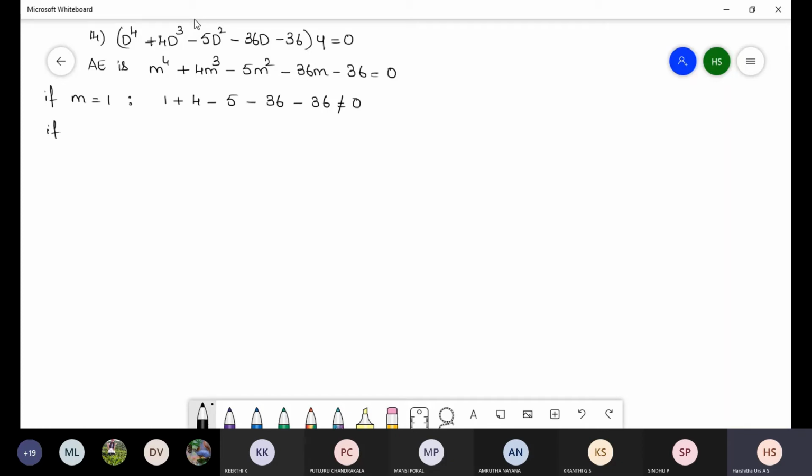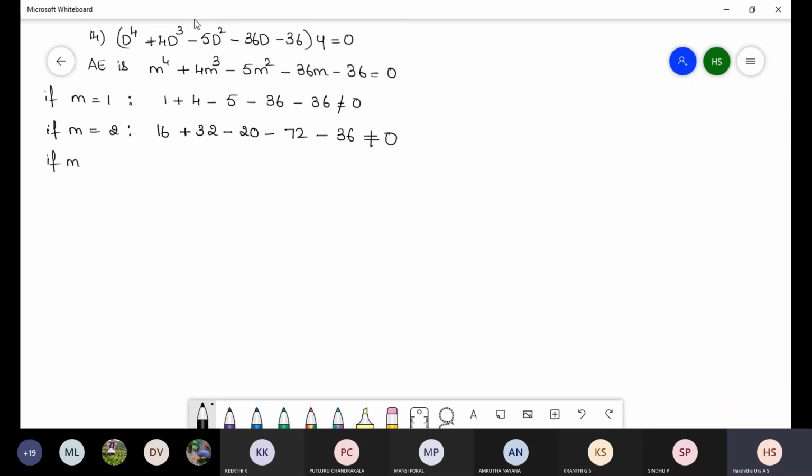Let us check for m is equal to 2. So 2 power 4 is 16 plus 8 fours are 32, 4 fives are 20, again 72 minus 36. That is also not equal to 0.